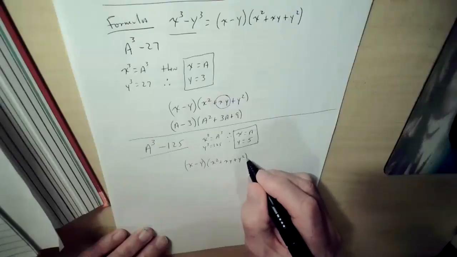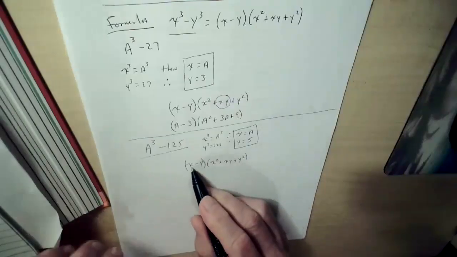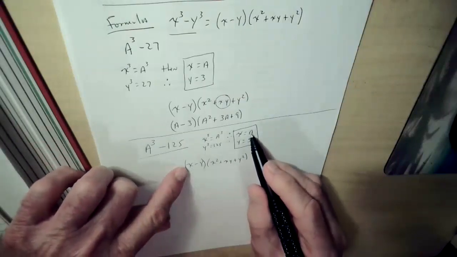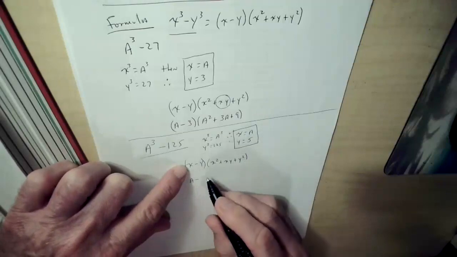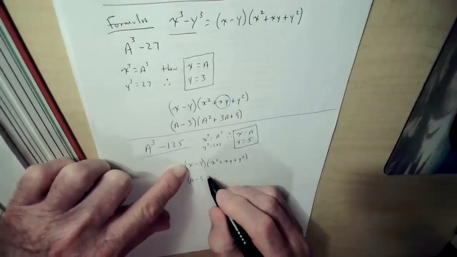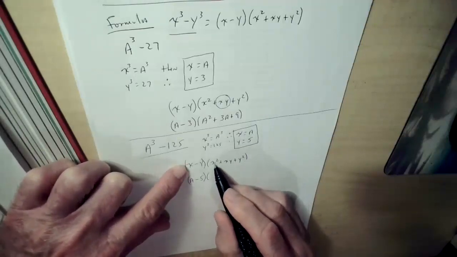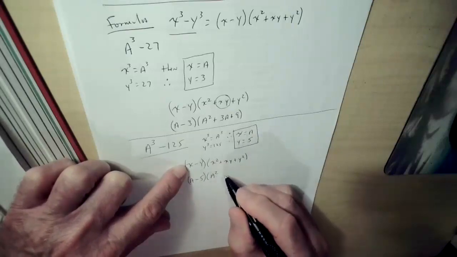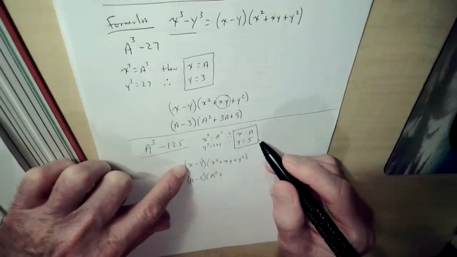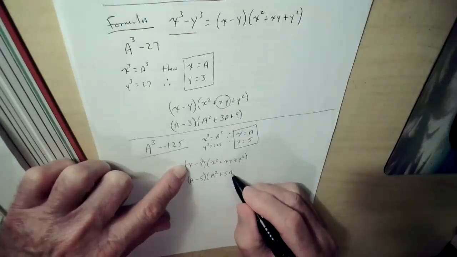Okay? We have our formula: x minus y times x squared plus xy plus y squared. Okay, what's our x? X is a, minus y is 5.